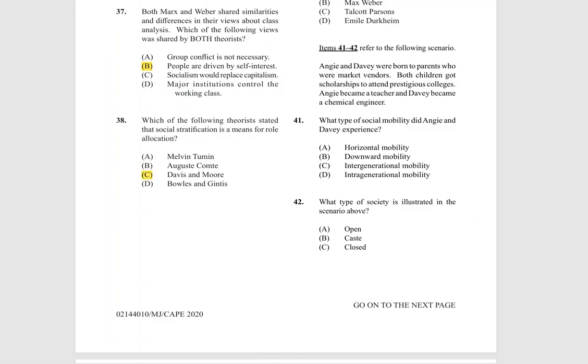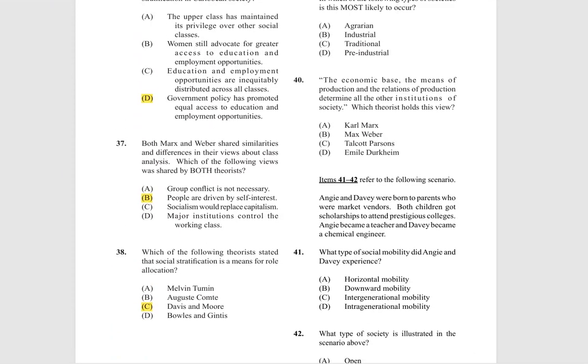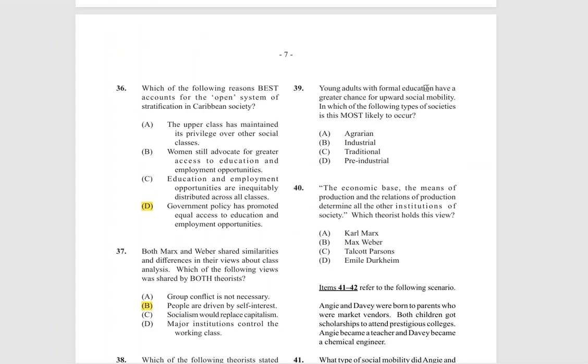So that's Davis and Moore. Young adults with formal education have a greater chance for upward social mobility. In which of the following types of society is this most likely to occur? Agrarian, industrial, traditional, or pre-industrial? It is usually in an industrial society. Alright, so this is industrial.